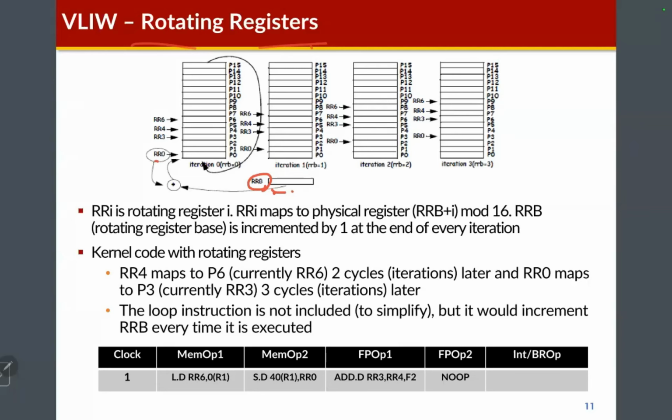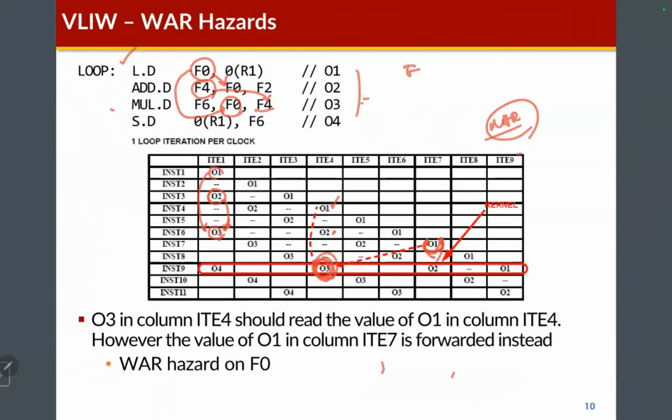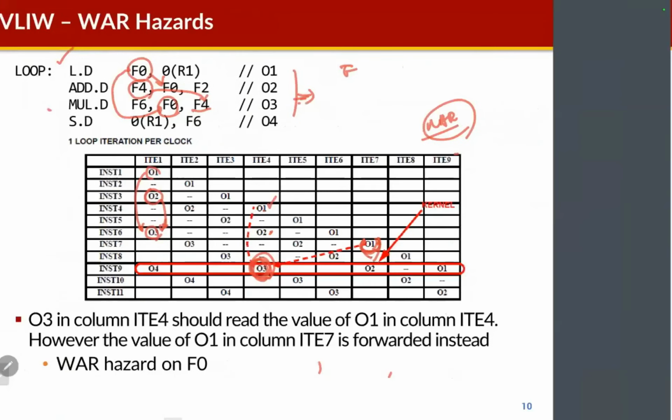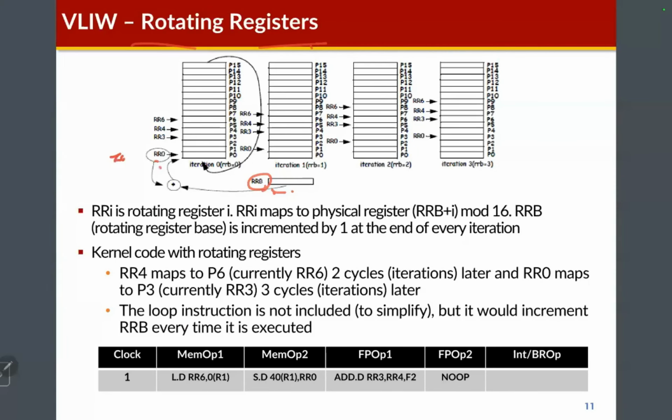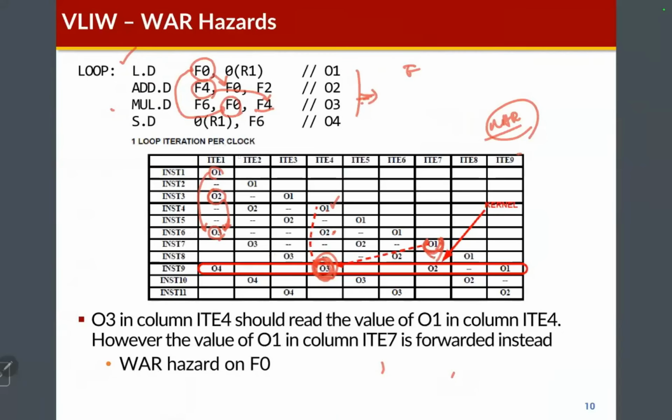But when we apply this rotating register number, we need to know the lifetime of this register. So we can assign F0 to RR0, right? Then this F0 should be kept until the O2 here.